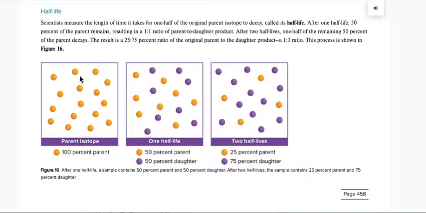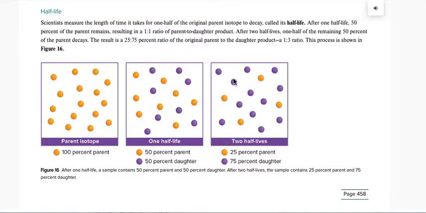If we start off with a parent isotope of, say, uranium 238, then in the beginning it's going to be all uranium. Say these orange colored balls are uranium. After one half-life, where half of it is left, you're going to have about 8 uranium left and about 8 thorium left.